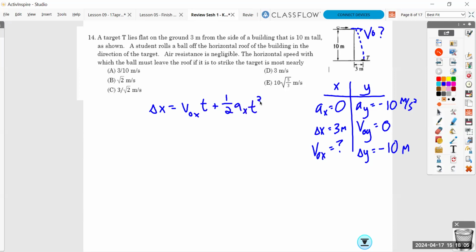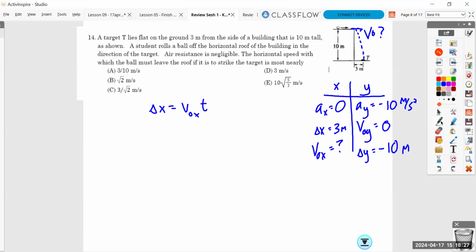What's my acceleration? X initial, we just call it zero? Yeah, and that's what I put the delta x in. My acceleration is 0. So remember, my motion in the x direction is very straightforward. It's just v0x times t.